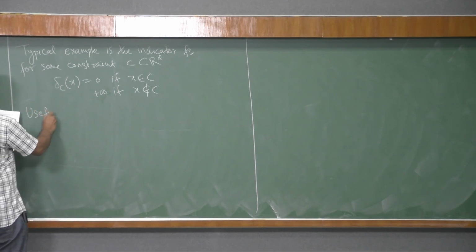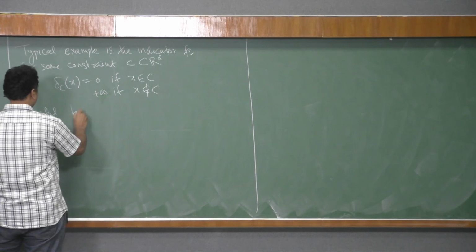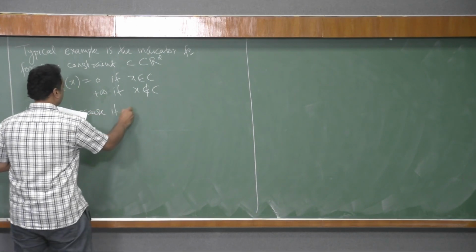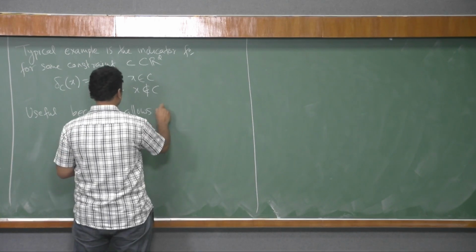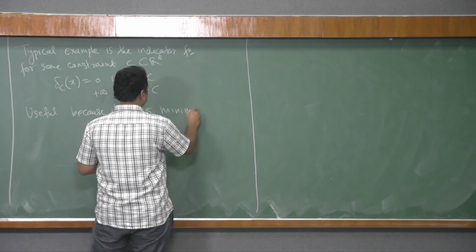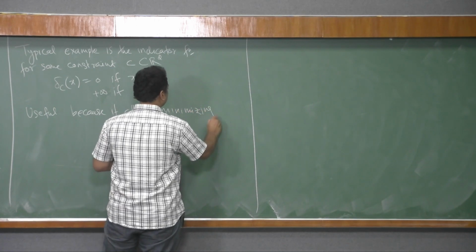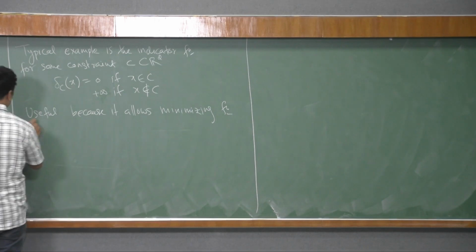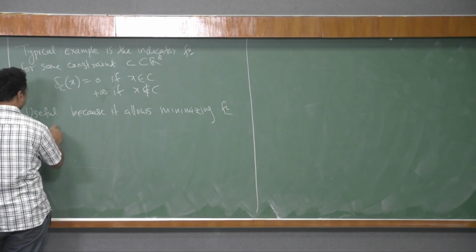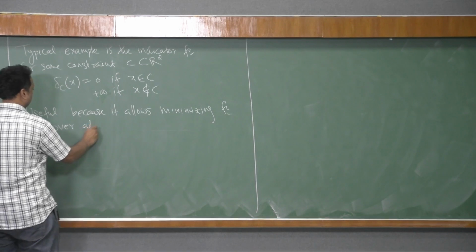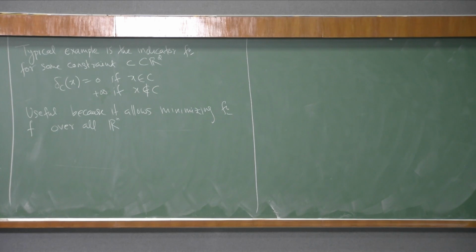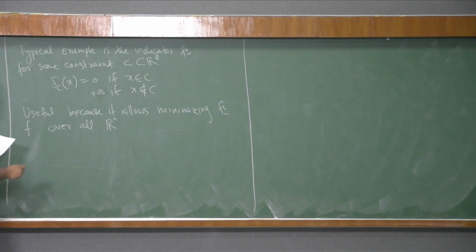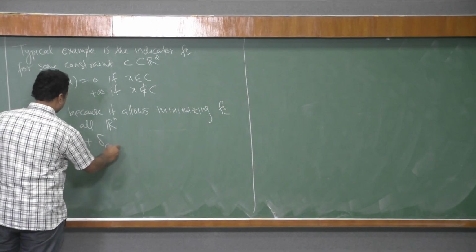Useful because it allows minimizing f over all R^n or whatever. Okay, so basically it allows me to extend a function, because then I will extend the function by f plus delta_C.